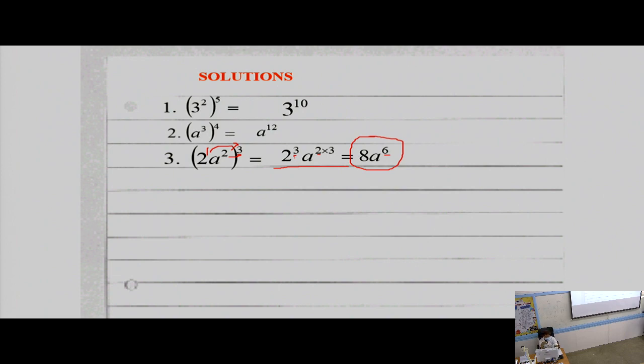Okay? Next. Number 4. What do you think is the answer? What is the answer? Number 4, the quantity of 2 to the power of 2, a to the power of 5, b to the power of 3, to the power of 2.